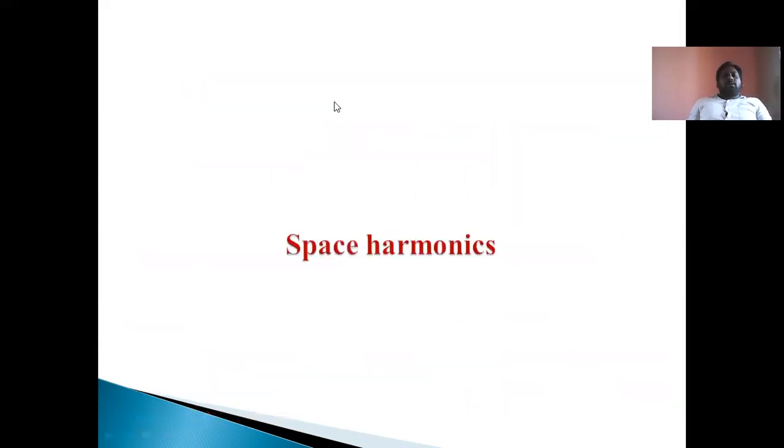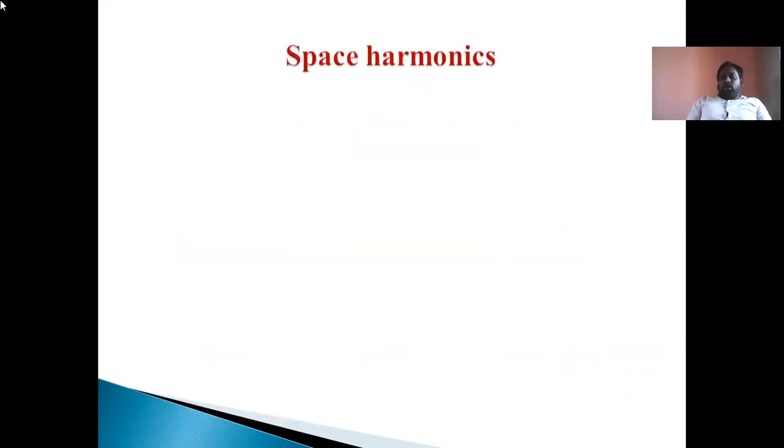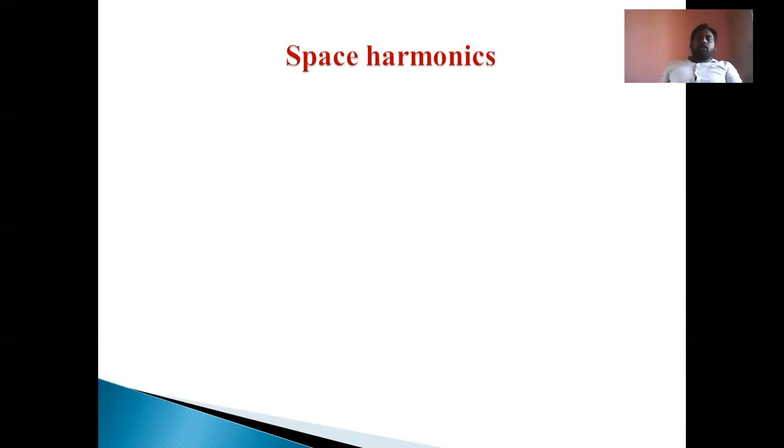And why the harmonics are developed in electrical machines, especially in alternators, the straightforward reason is the non-linear flux distribution from the field system to the conductor.